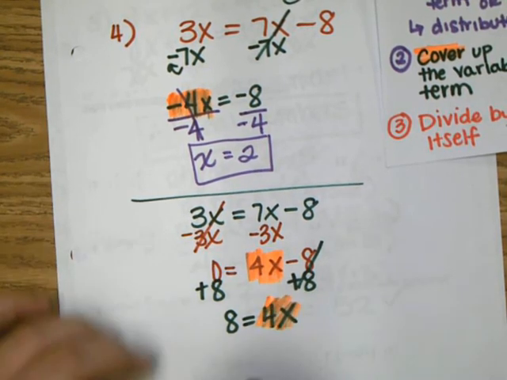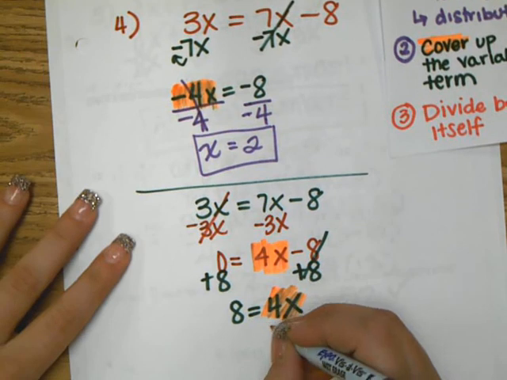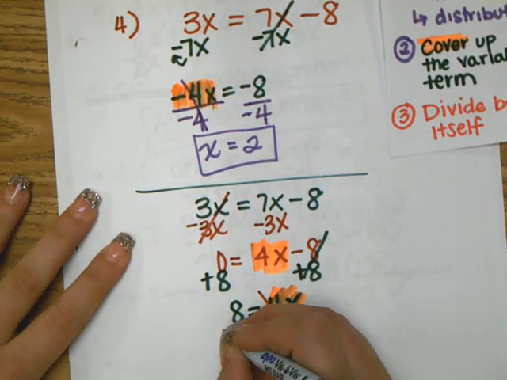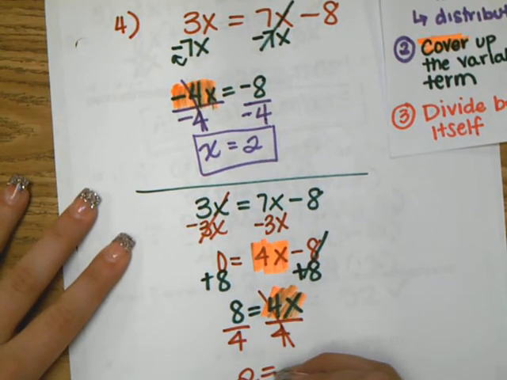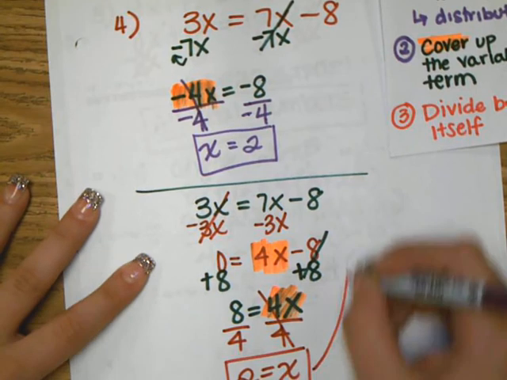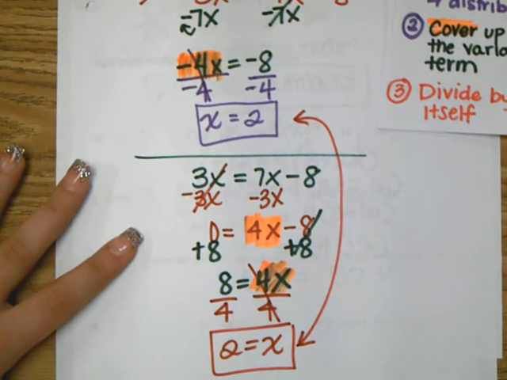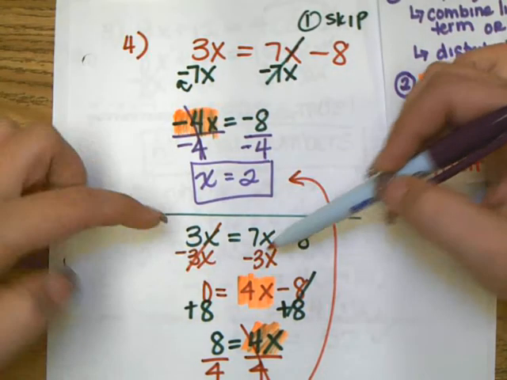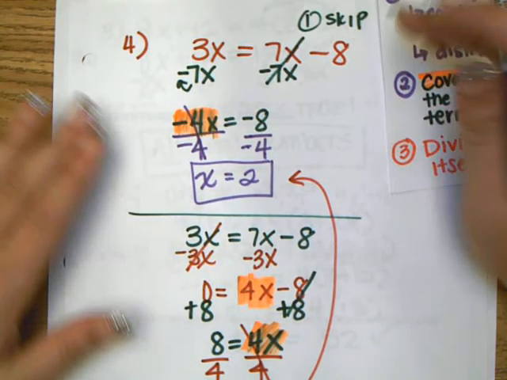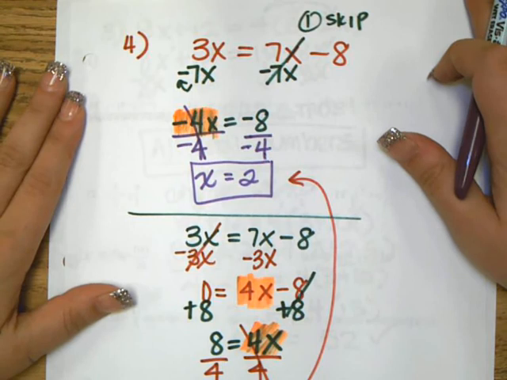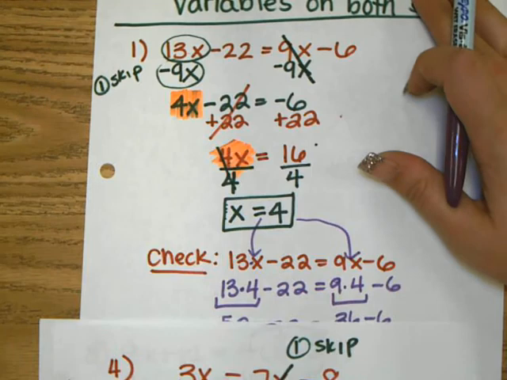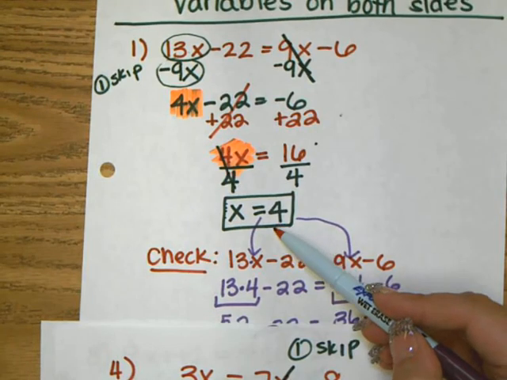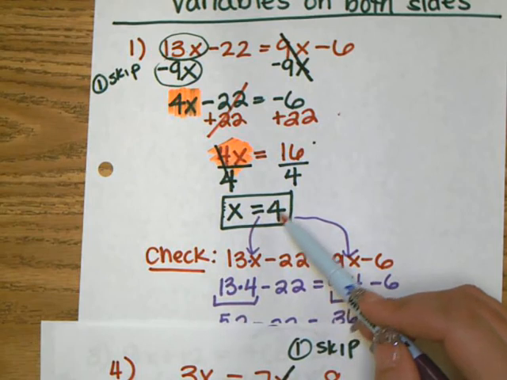And then we're going to add 8. And then once this is all by itself, divide. So we get the same answer. It doesn't matter which variable you start with, you can only have one.